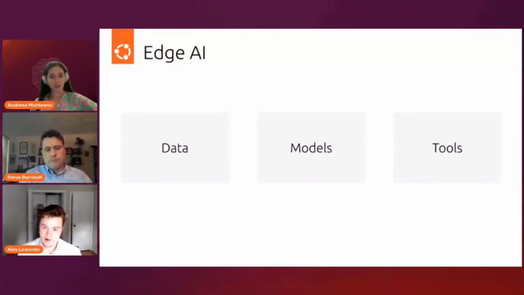What about snaps? When do we use snaps in an edge AI use case? Now I know, Alex. We've been also working together, so sometimes I know what you've been working on and I can ask. I'm sneaky. Yeah, so we can use snaps in both the Kubernetes case and in the native case, right? So we've seen people use snaps to deploy OCI images with models and Kubernetes resource definitions to these single node clusters at the edge.